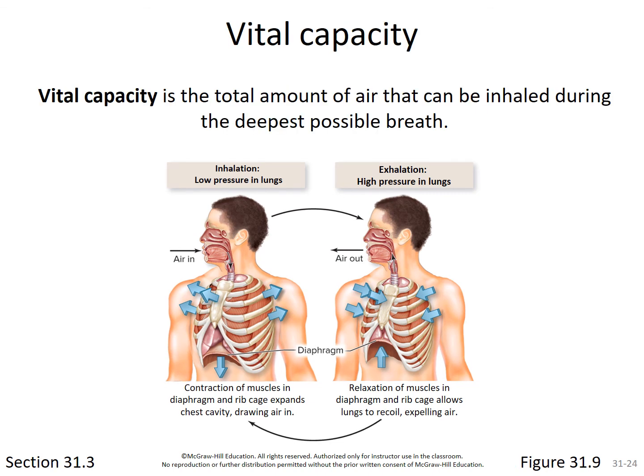Vital capacity is something that's completely different. This is the amount of air that can be inhaled during the deepest possible breath. So if you want to measure vital capacity, you would take a maximum inhalation and then push out as much of a volume of air as you possibly can. So tidal volume, quiet breathing; vital capacity, maximum inhale followed by maximum exhale.